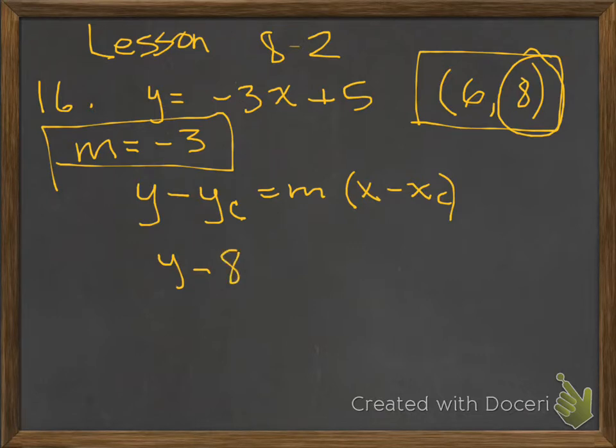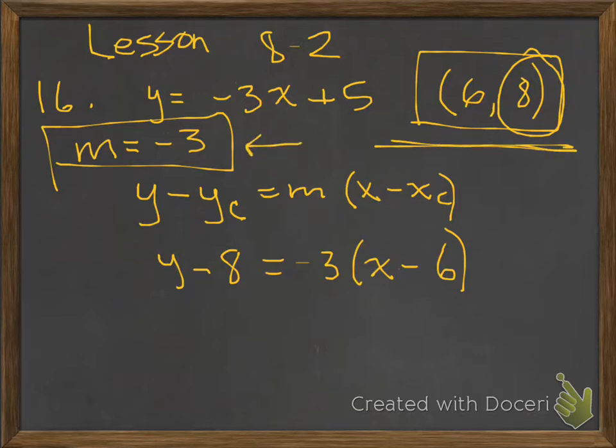It is 8. And then we have the slope, which is negative 3 times x minus, what is the x coordinate of the point? And it's 6. And if the directions just said write the equation, we're pretty much done. That is an equation of the line that passes through this given point and is parallel to the given line.